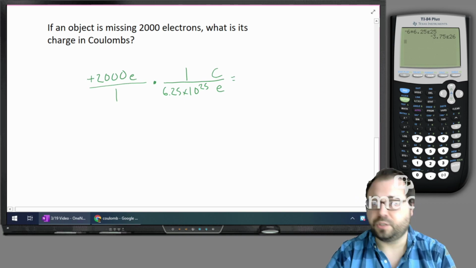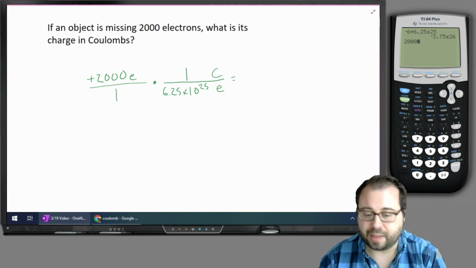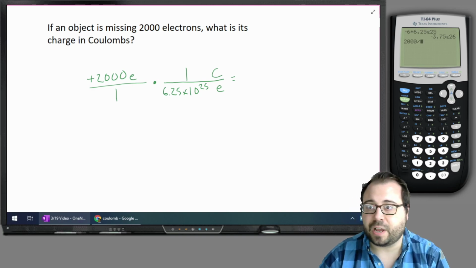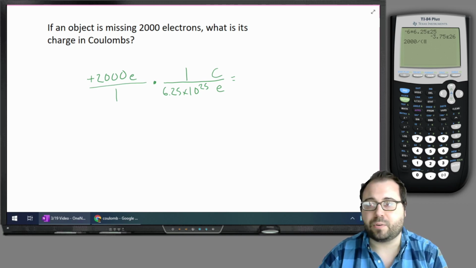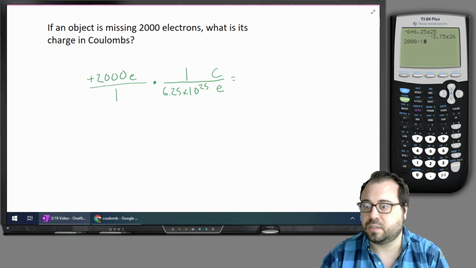So let's do the math here. I'm going to start off with 2,000 elementary charges divided by, and remember, if you're not using the E button, be very careful. Make sure you put your denominator in parentheses. Otherwise, order of operations might mess up on your calculator, and you might end up with the wrong answer, even if you did all of the actual physics right. So 6.25 times 10 to the 25th.